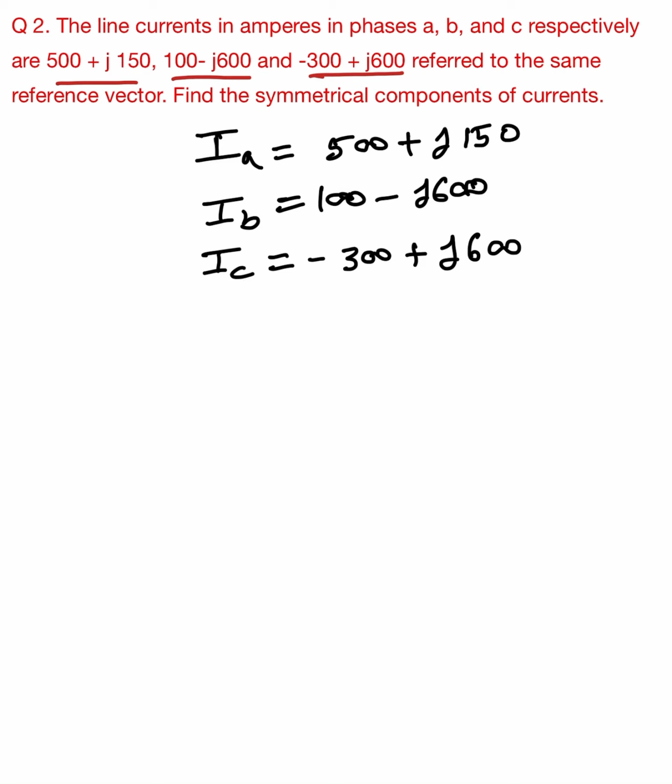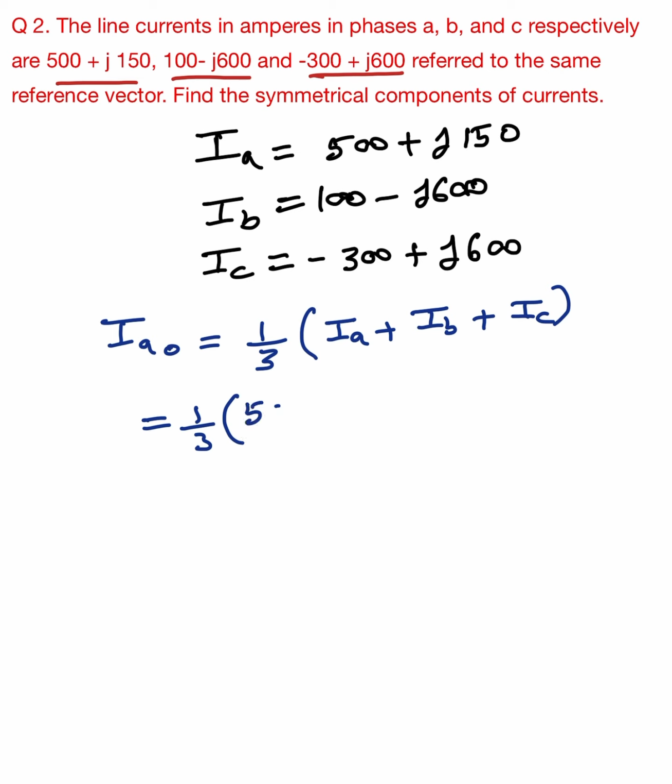current. The zero sequence component IA0 is equal to 1 upon 3 times IA plus IB plus IC. So here 1 upon 3, and IA is 500 plus j 150, IB is 100 minus j 600, plus IC, which in this case is minus 300 plus j 600.